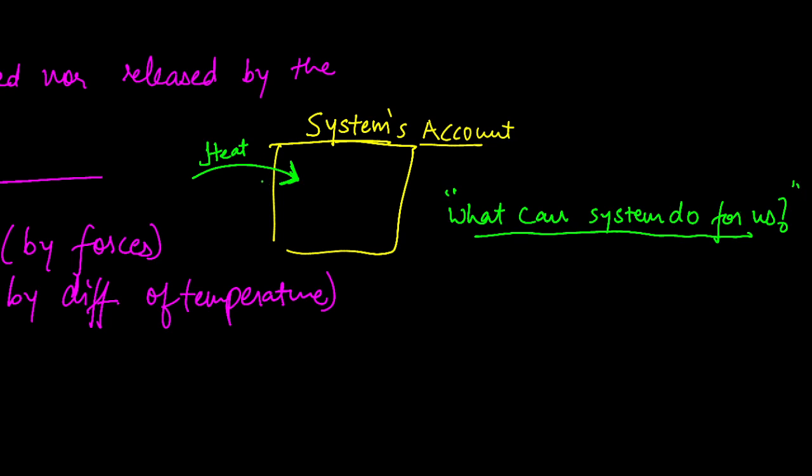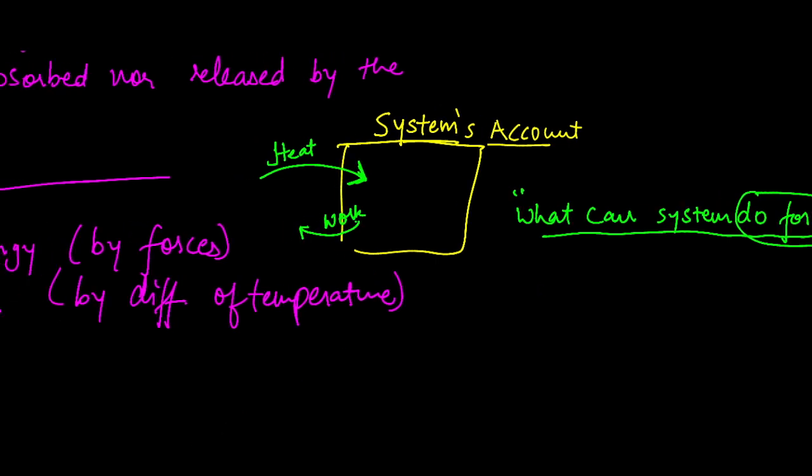suppose you give system some heat and it will do some work for us. એટલે એણે આપણને work કરીને દીધું. You understand what I am drawing here? Okay, so because it has done something for us, we call it positive work.